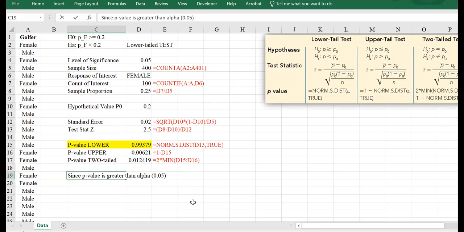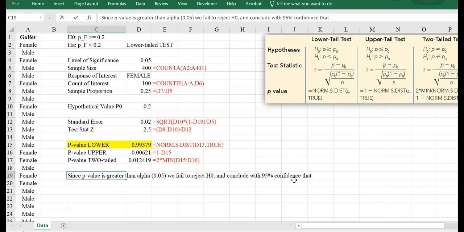So since the p-value is greater than alpha, we fail to reject the null hypothesis. Our conclusion has to be in accordance with the null hypothesis, so we are kind of rejecting the alternative hypothesis.